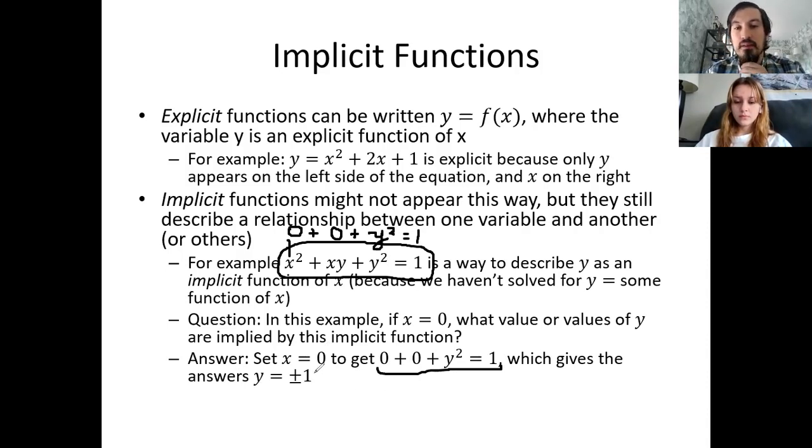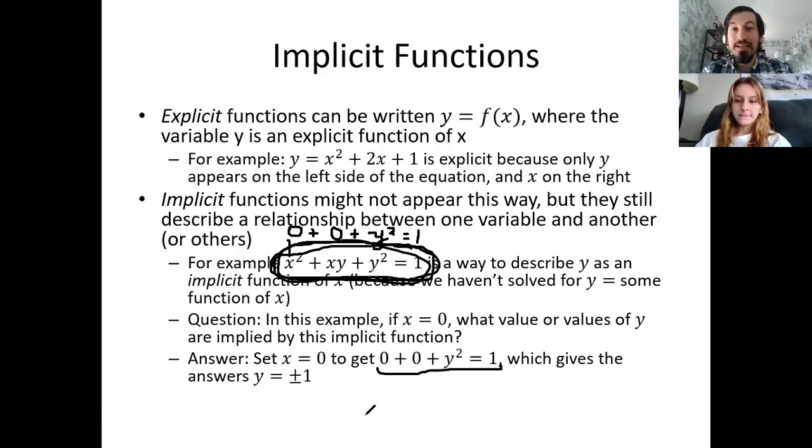So this relationship that I've circled is a relationship between x and y. But is it a function? It's sort of hard to answer, because functions have to have this property where you give me one x, it'll spit out one y.